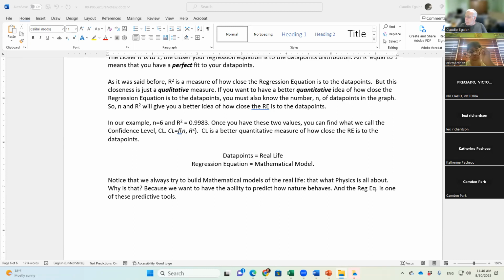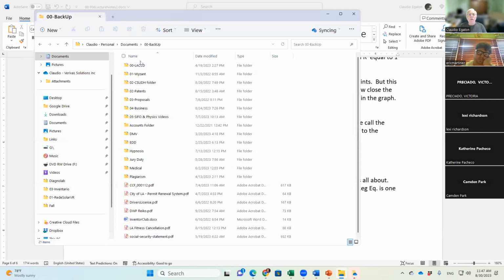When I first came up with this table, there were other tables like that that were much simpler than the one that I came up with. I figured out it's not easy to generate this table. You have to understand how to make those calculations that lead to the confidence level. And I finally discovered how to do that.